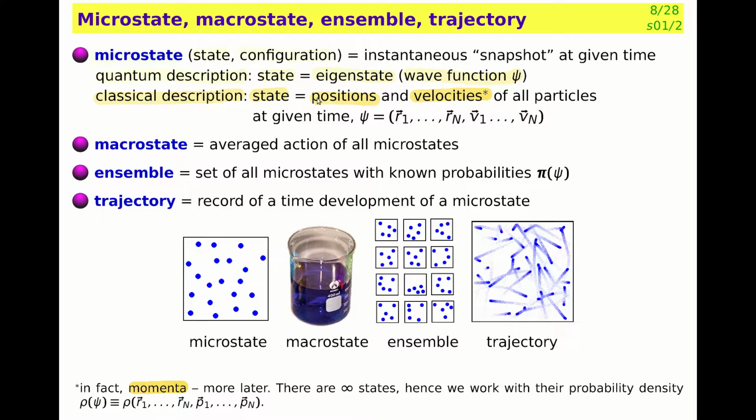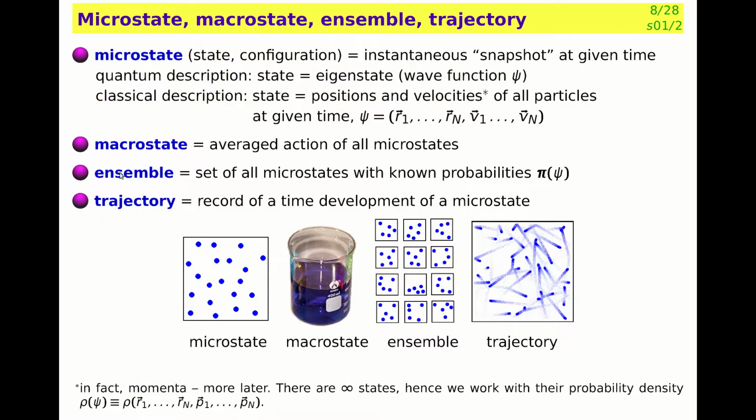You must understand that we need positions of all particles and their velocities to define a configuration, a state. Then we have a concept of macrostate. It's the average action of all microstates. If a microstate is this, that is individual molecules, then what I observe is a macrostate, just blue liquid instead of individual blue molecules.